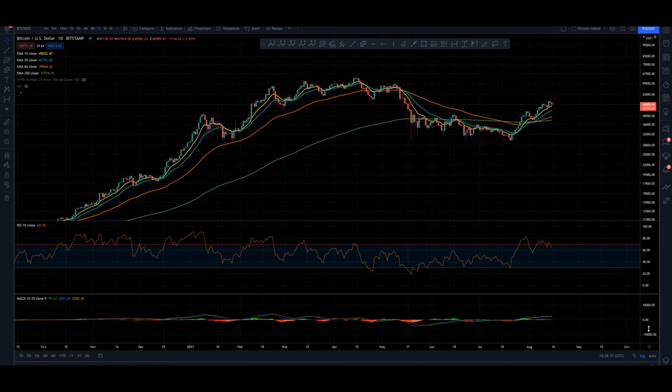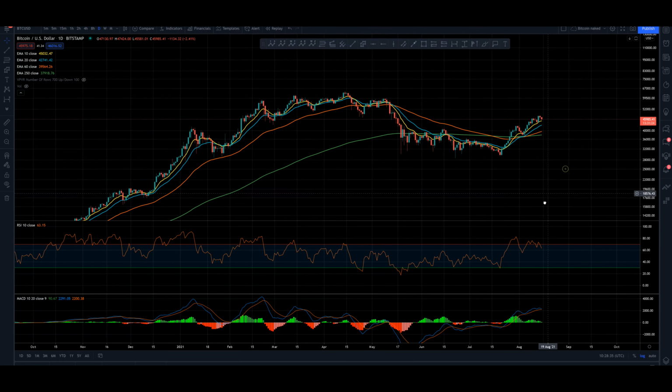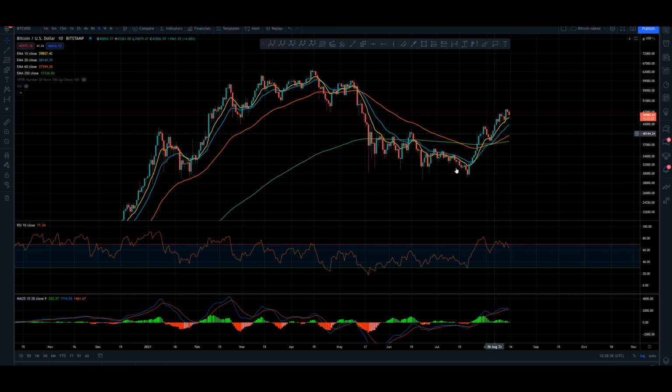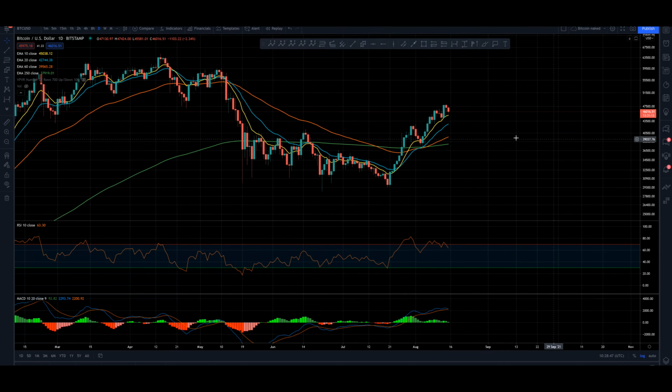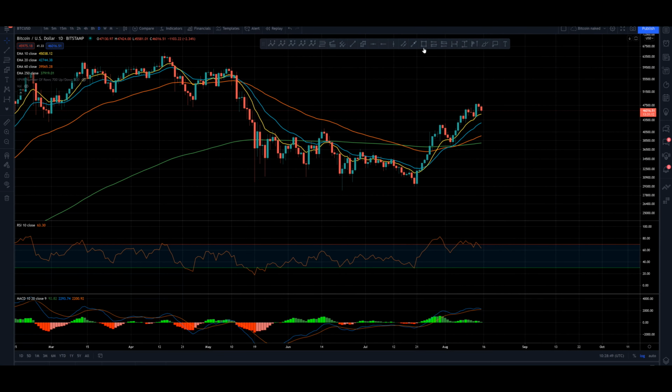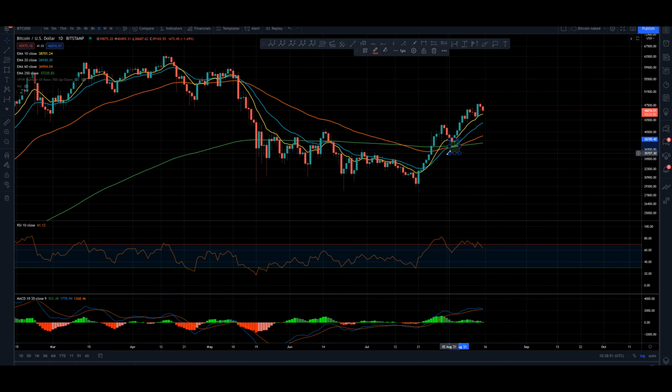Okay, what can we see here on the daily time frame? Right, so price pushing back above all the exponential moving averages. 10, 20 and 60, all of them through the 250. This, you no doubt heard it, this is what we call a golden cross right here. So everyone's super bullish, uber bullish.